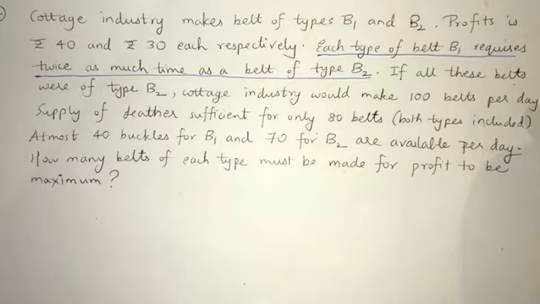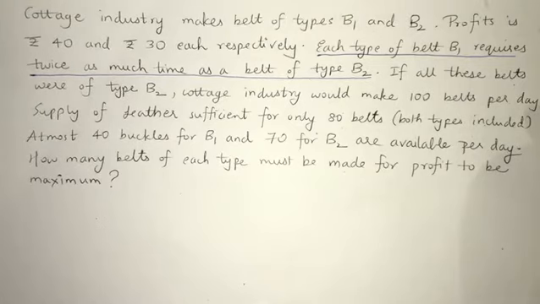That if B1 needs say 10 minutes for its production, B2 will need 5 minutes. Each belt of type B1 requires twice the time required by a belt of type B2.